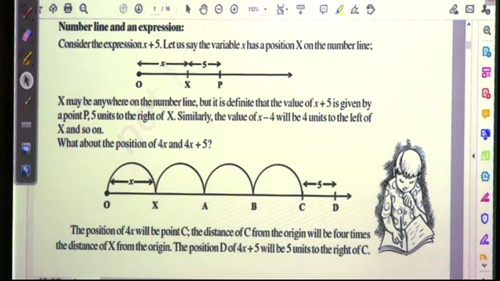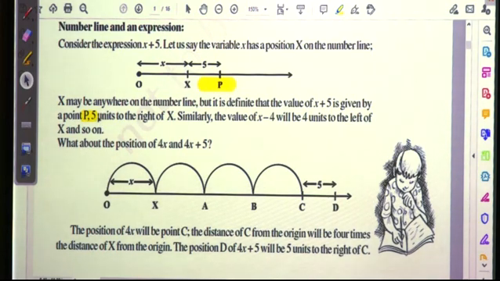x may be anywhere on the number line, but it is definite that the value of x plus 5 is given by a point P. This point P we can see is present here on the number line.